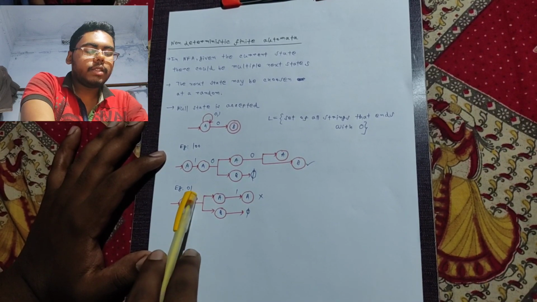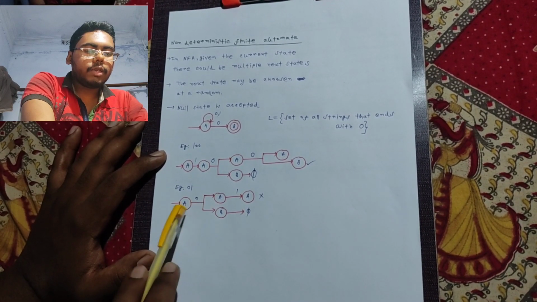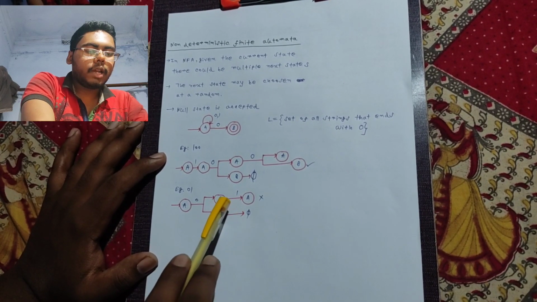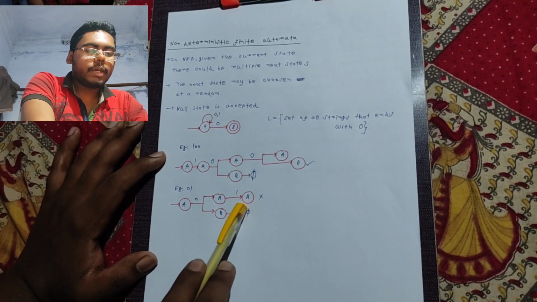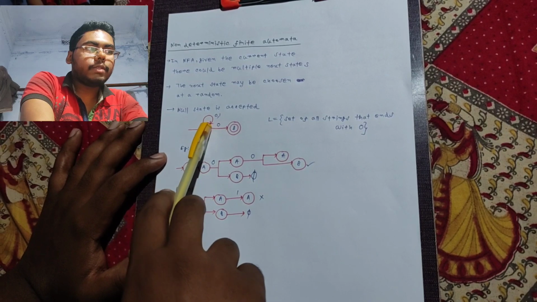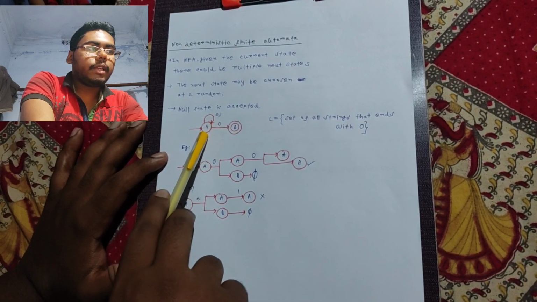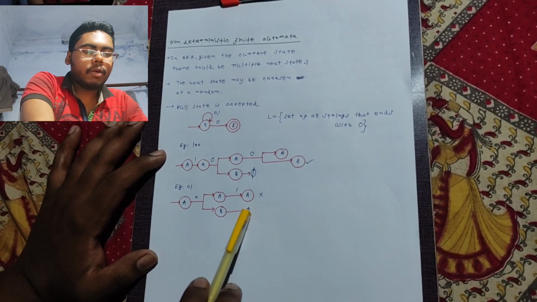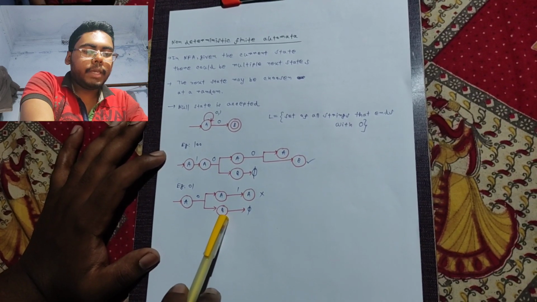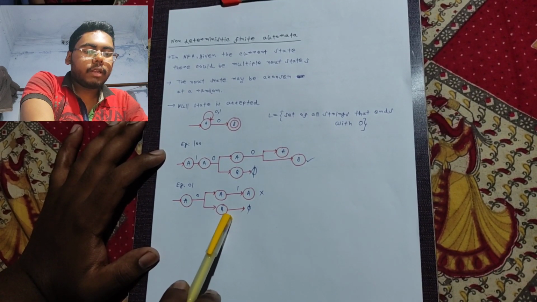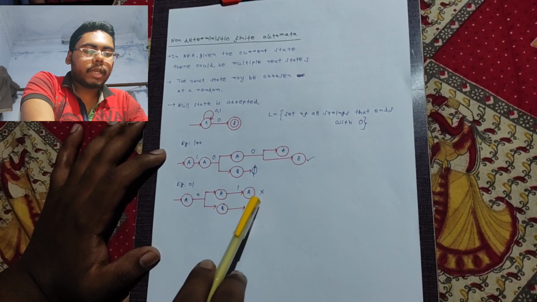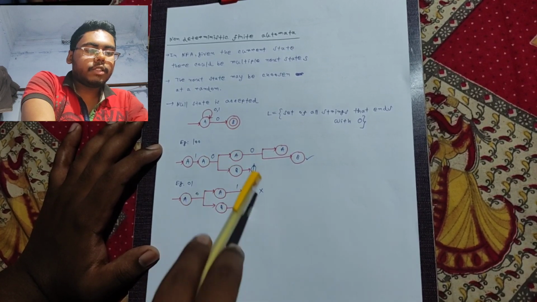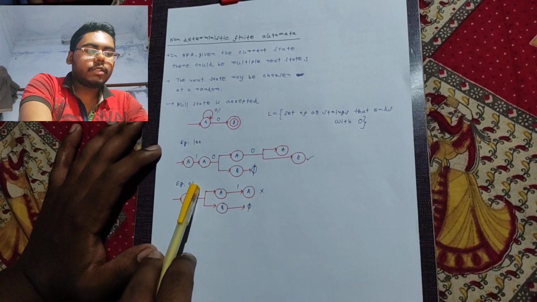But the string 01 is not accepted, because if we give 0 in A, there are two possible outcomes, one is A and one is B. Now if we give 1 to A, it remains A, as we have seen that it is a self loop. But if we have B and we give 1, it becomes null. So the final state B is not arriving, and this string is not accepted.